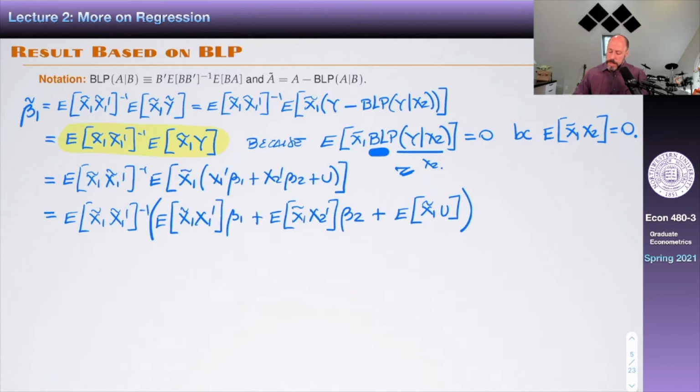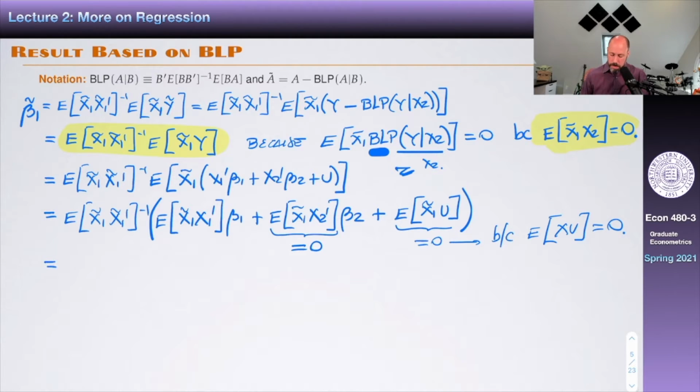And then what we get is, again, this guy over here is 0 by the same reasons that I wrote before. x1 tilde is a residual from a regression of x1 on x2, and therefore it is orthogonal. And then this guy over here is 0 because in the original model we have expected value of xu equals 0, and x1 tilde is just a linear combination of the x's.